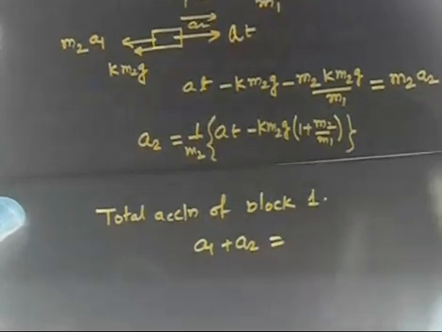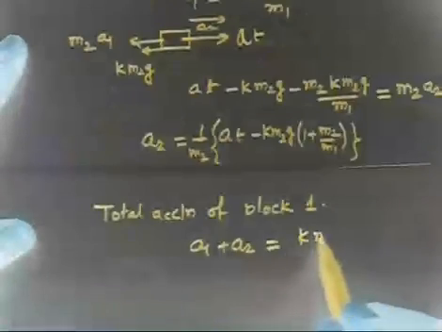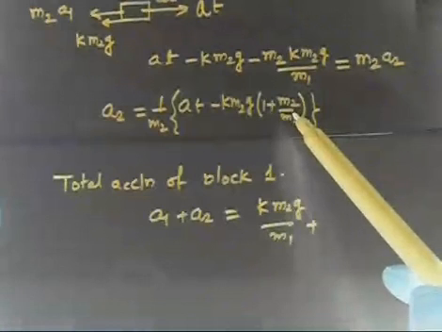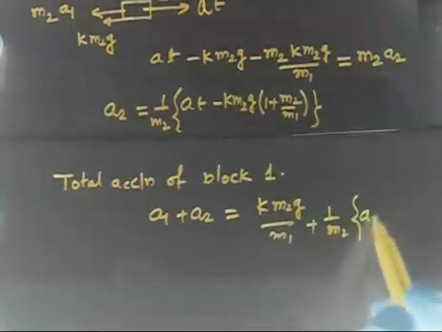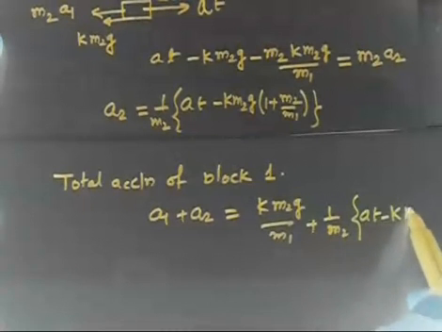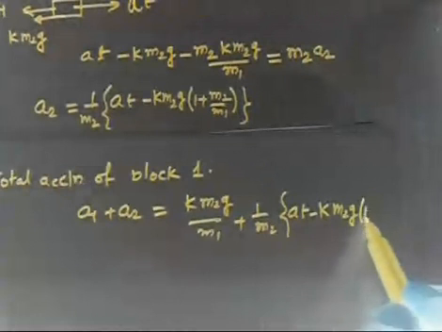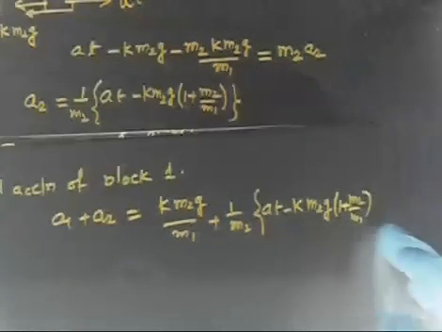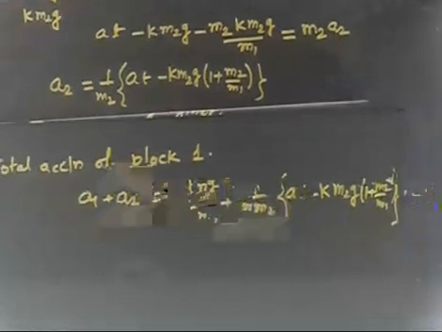A1 is Km2Z by M1, plus this value A2. Are you getting? A2 is 1 by M2 times AT minus Km2Z times 1 plus M2 by M1. So this is the final acceleration of block 2.